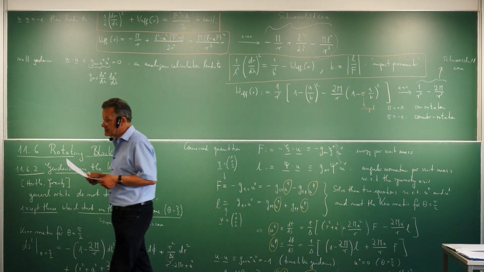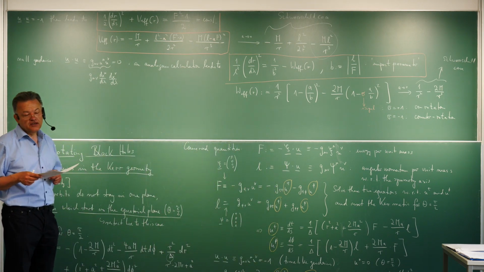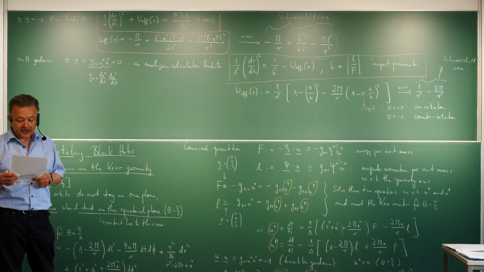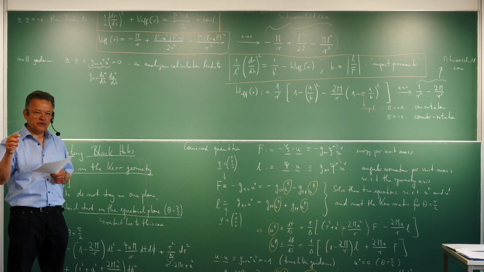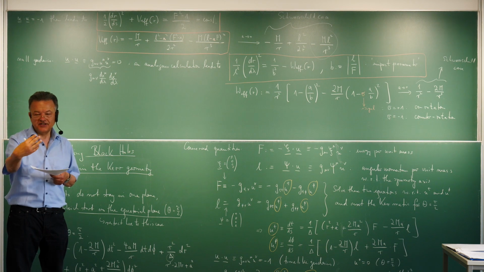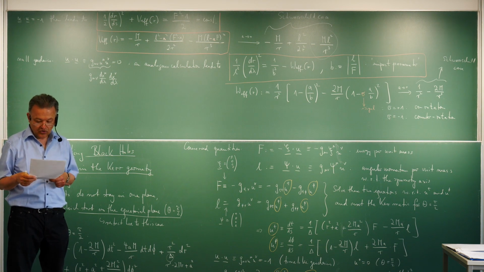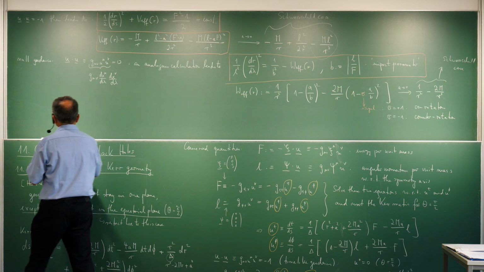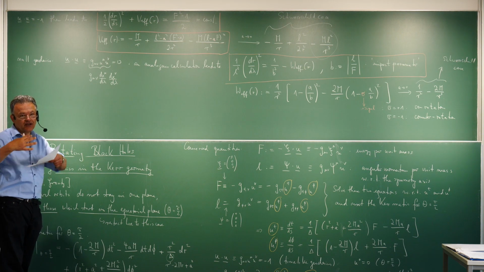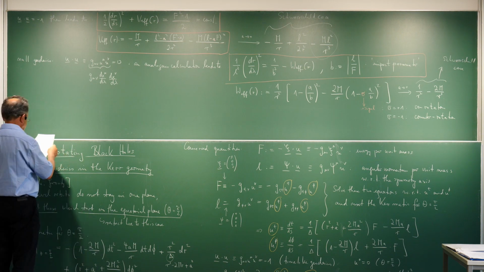Now for astrophysics, and in the last section of the black hole chapter, I will tell you about observations. For astrophysics, an important property is the so-called innermost stable circular orbit. That's the orbit that is on a circle, and which has the smallest possible stable distance to the black hole. So if you observe this particular orbit, then of course you are as close as possible to the black hole.